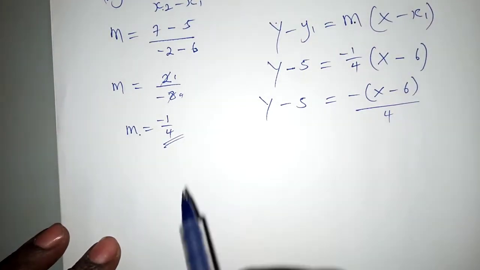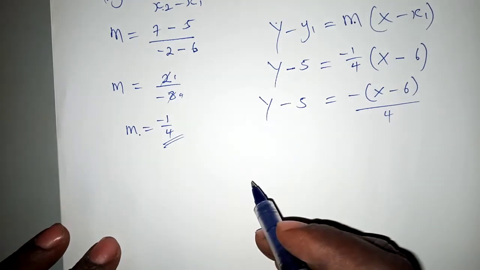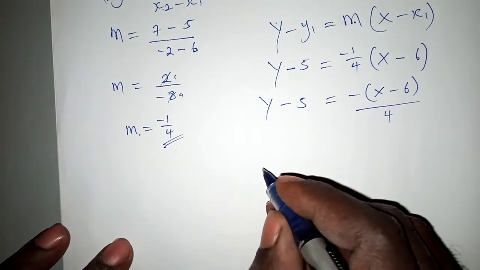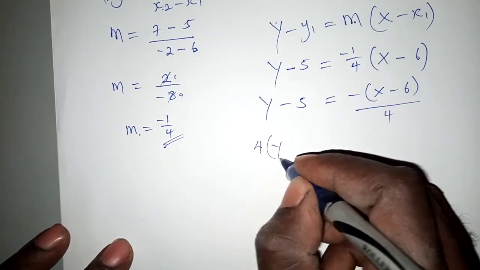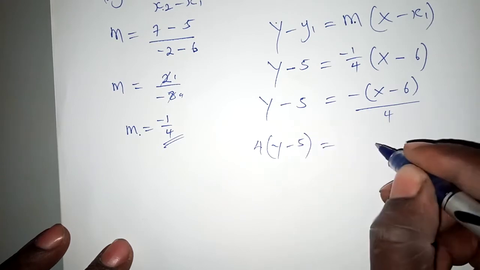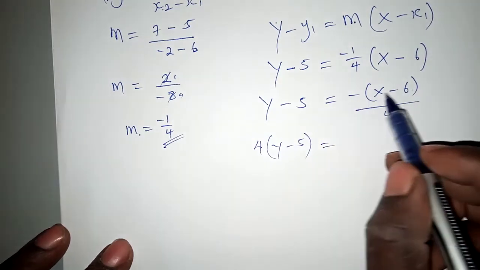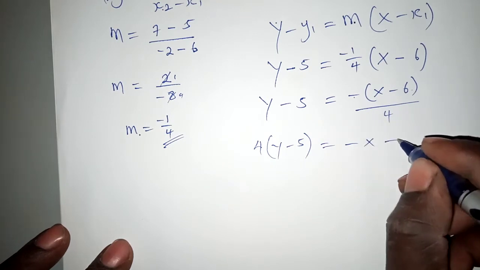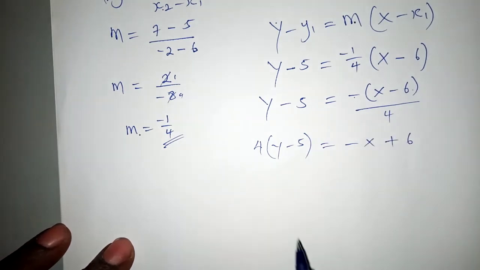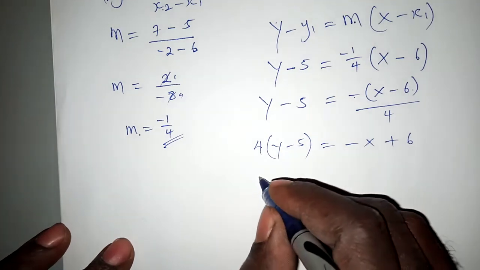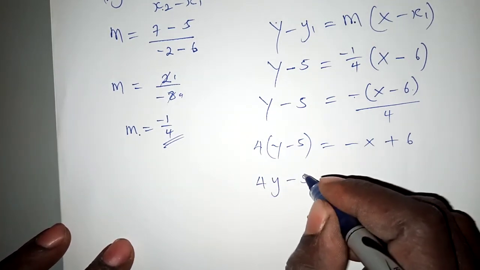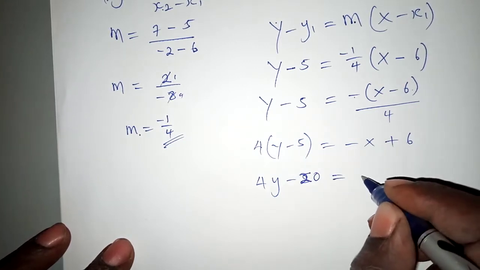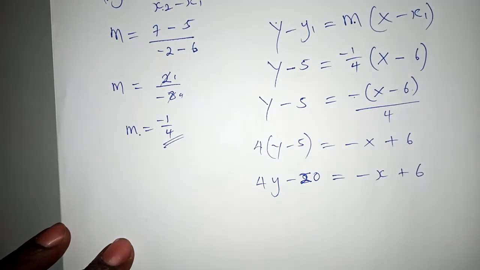So let me cross multiply. I will multiply this by 4 to make the equation linear. So we have 4 into y minus 5 is equal to, let me expand this with the negative sign, minus x plus 6. Opening this bracket, we have 4y minus 20 is equal to minus x plus 6.